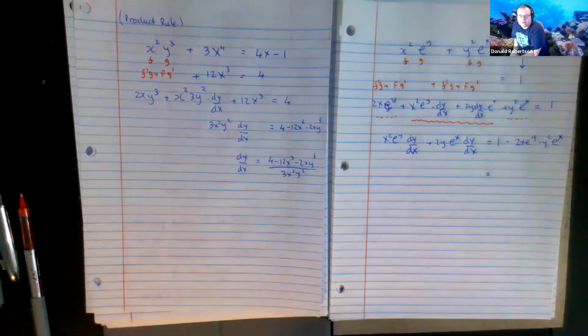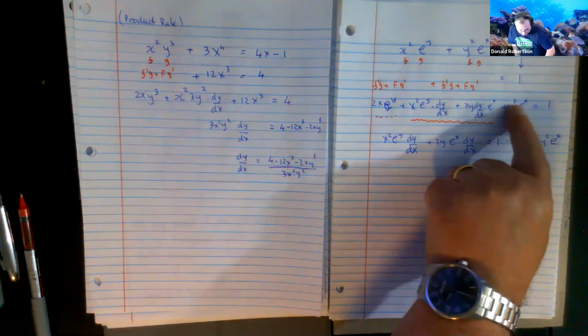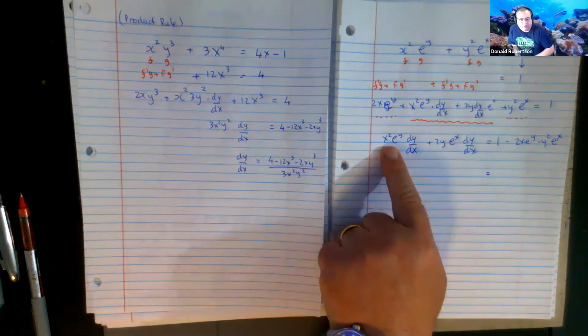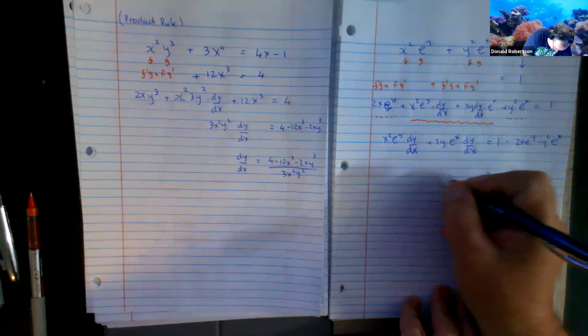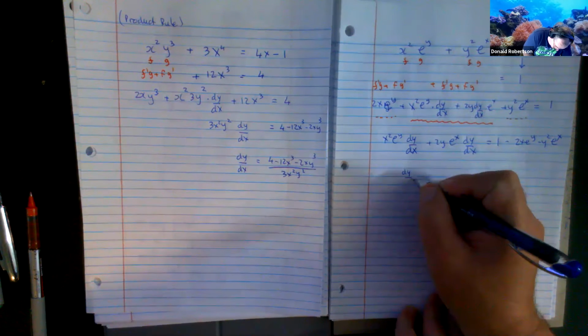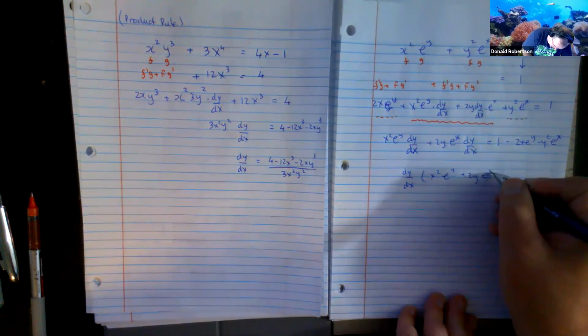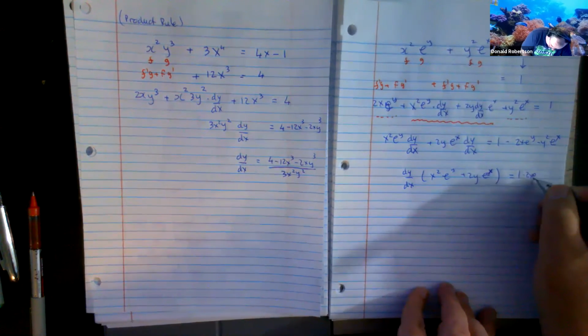You comfortable about what I just did there? Subtracted this guy from both sides and this guy from both sides to get this and leave these 2 exactly where they were. And then we're going to finish with the last 2 lines, right? Pull out dy by dx and then divide. So if I pull out dy by dx as a common factor, I should plan my spacing a little bit better.